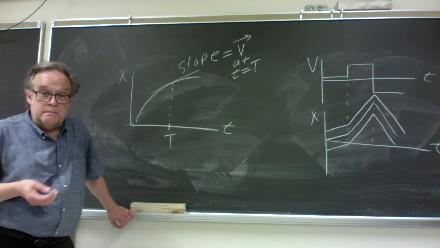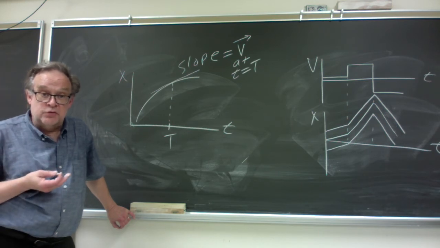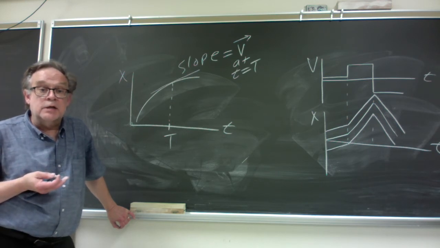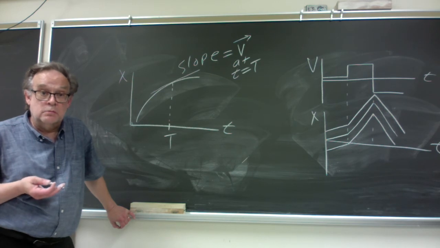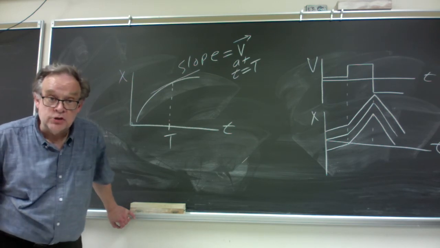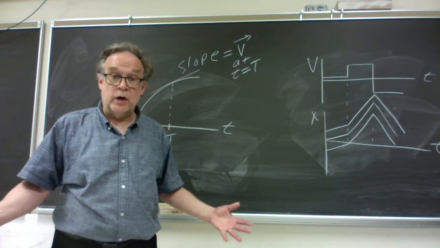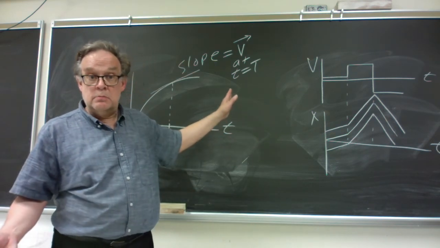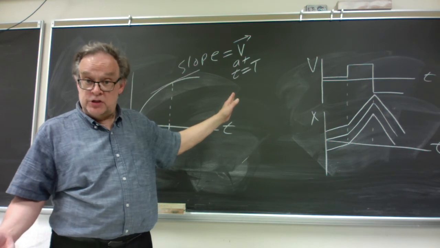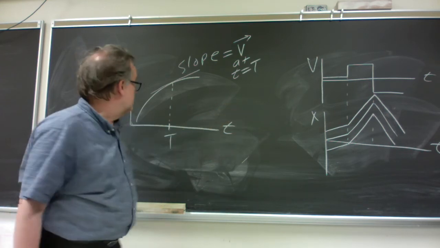But notice on this position versus time graph, because the position line is curved, slope changes, or the slopes of the tangent lines are different everywhere, which means velocities are different everywhere.